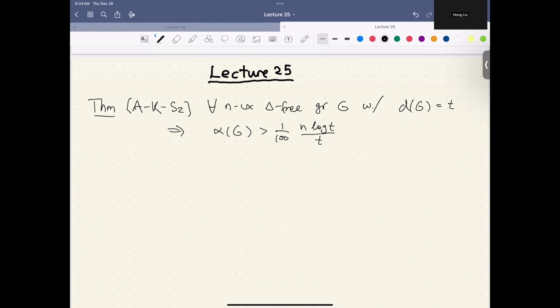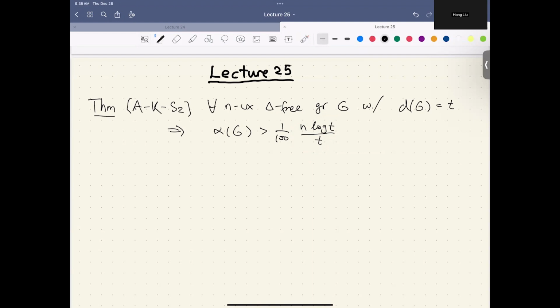Okay, so the greedy algorithm, or Turán, will give us n over t, then the log t extra factor comes thanks to triangle-freeness. And this log t is also optimal.